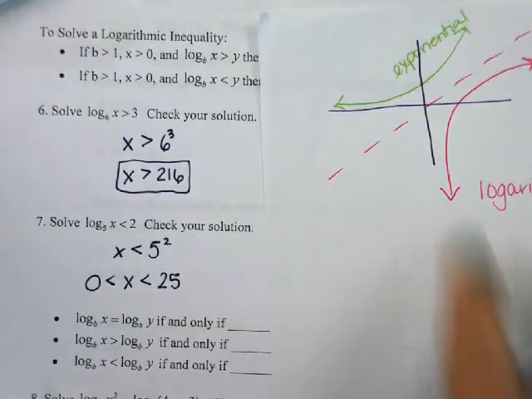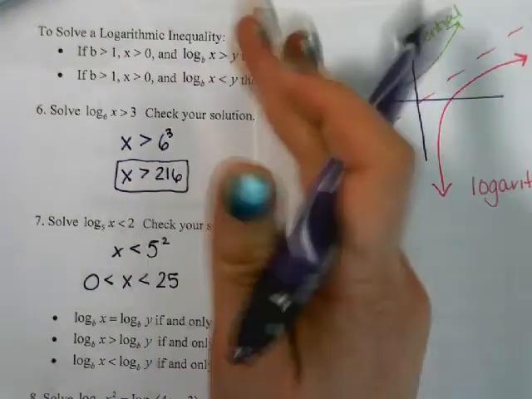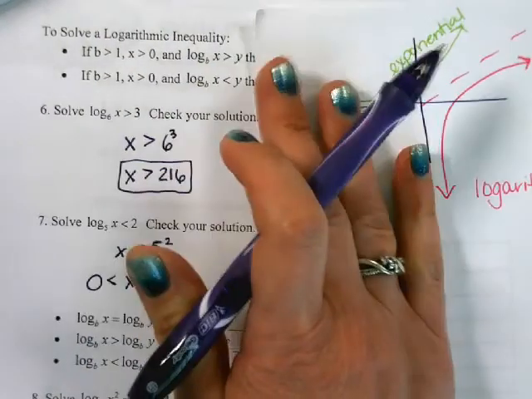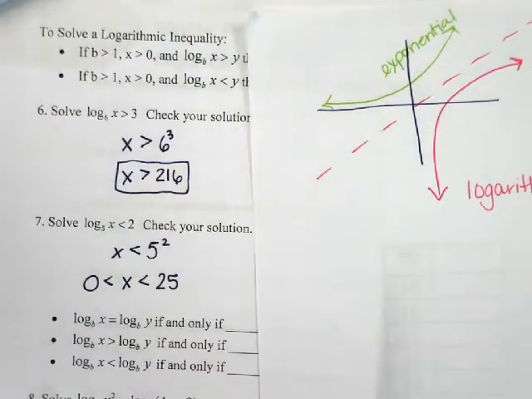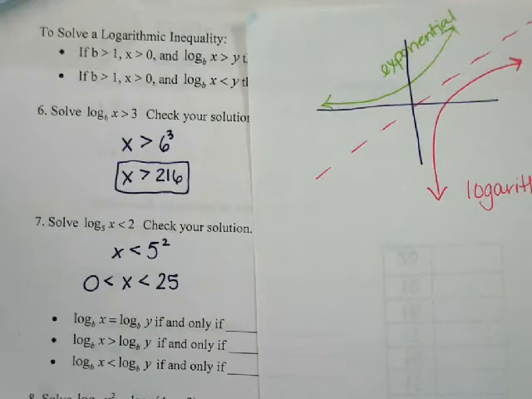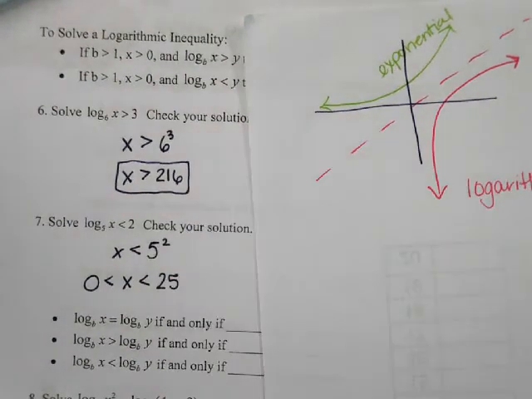My graph of my logarithm says I can't go any further than 0. That makes sense. So anytime it's a less than, I have to say, whoa, stop. You can get really close to 0, but you can't touch it. Does that make sense?